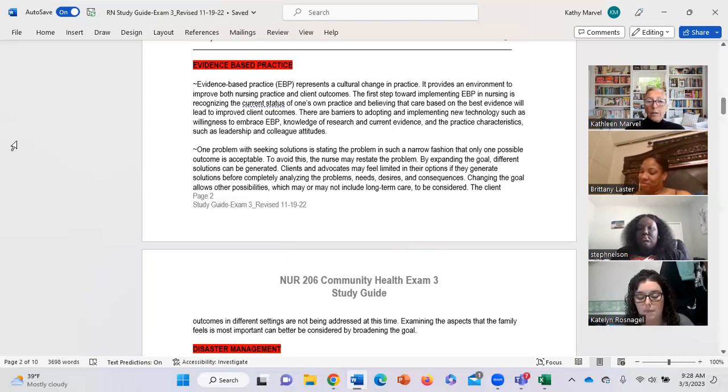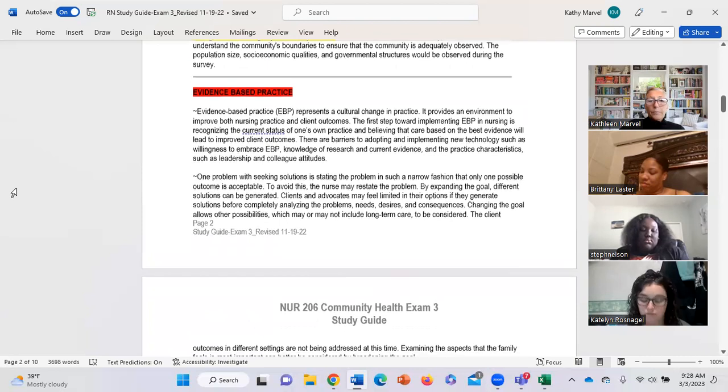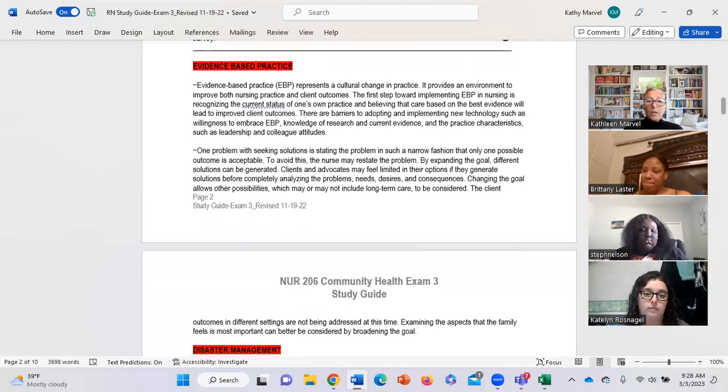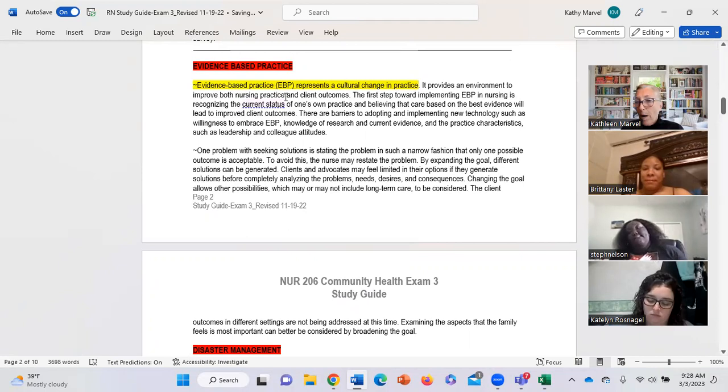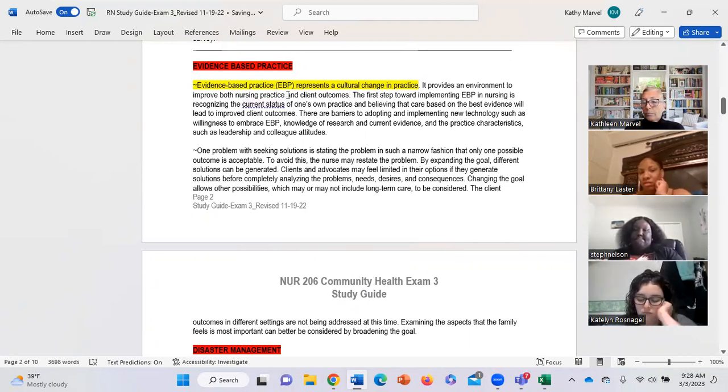So evidence-based practice, we know, represents a cultural change. It provides an environment to both improve nursing practice and outcomes. If you've worked in an institution for a number of years, you could probably see things evolving, or the way we're caring for patients changing, right?